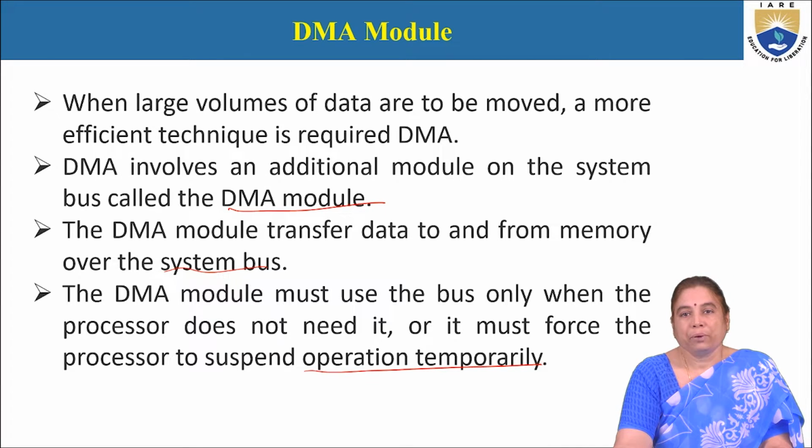So the CPU idle time can be used by the DMA module for the data transfer, or sometimes the current task execution of the CPU can be suspended temporarily and the IO transfer can take place.